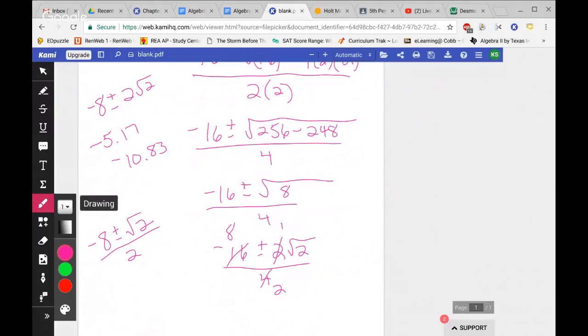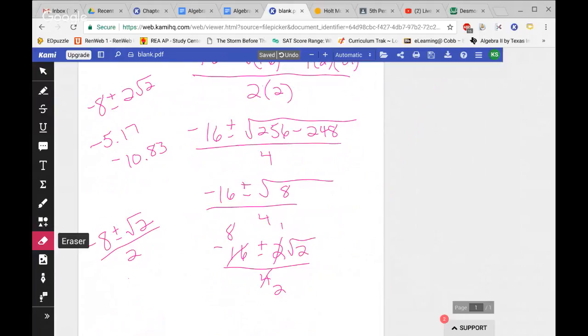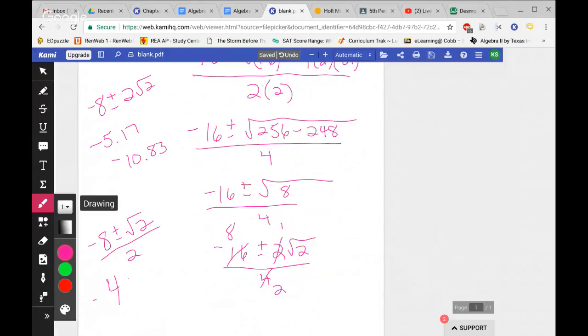I did it. I got it. So this, when you use the minus, is the negative 4.7.